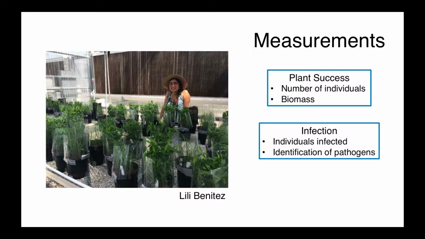And then infection we looked at in terms of individuals infected and identification of pathogens, which we don't have the data on yet. But in terms of infection, in this experiment, it seems like what we observed is not from the litter, because we saw it in our no litter controls. So the infection that we observed is essentially from seeds or soil or some other source that we're not sure.